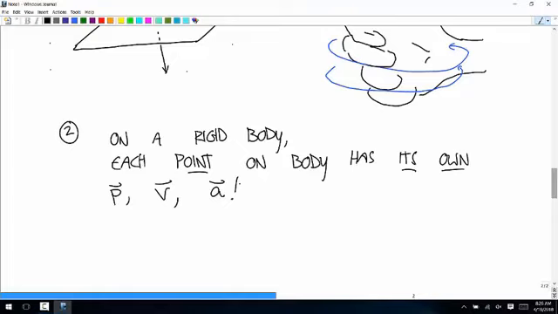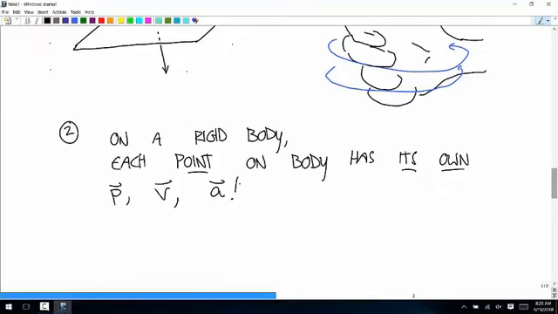Something close to that axis of rotation is moving slowly with a small acceleration. Something way out at the end is moving fast with a big acceleration. So if you're talking about rigid bodies, you can't just say this is the object's velocity, acceleration, position. You have to specify what material point on the body you're talking about.